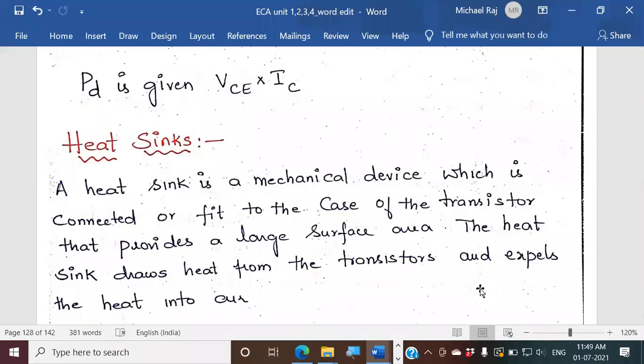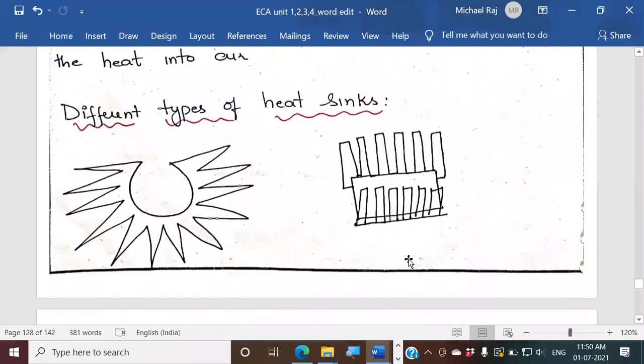The transistor has a junction, and on the junction it has a case. Onto the case we connect the heat sink so that the surface area becomes large. The heat sink will take the heat from the transistor and throw it out to the surrounding. That is what a heat sink is.